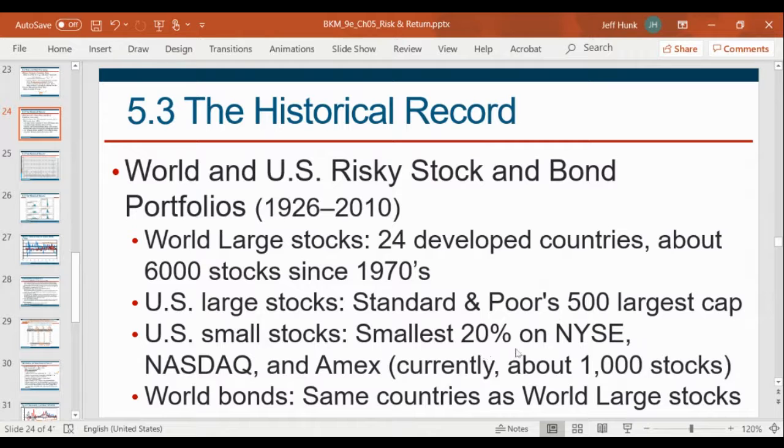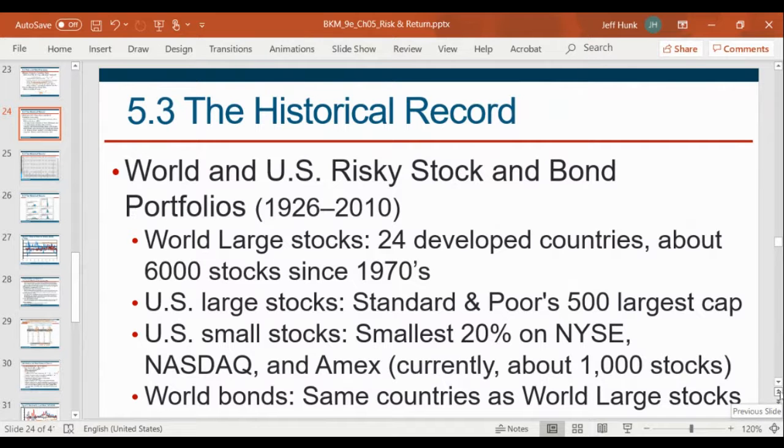Small stocks are the smallest 20% on the New York Stock Exchange, Nasdaq, and American Stock Exchange. The S&P 500 is already 500 large companies representing each sector of the economy. So currently, small stocks are about 1,000 stocks.